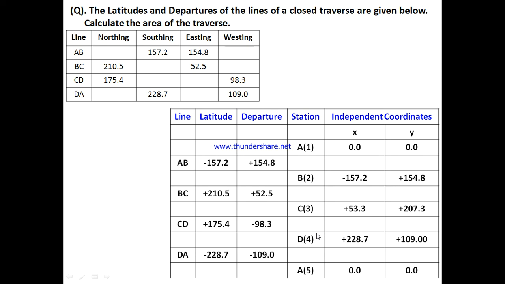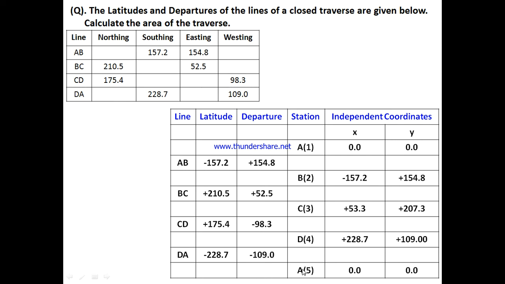Similarly, for the independent coordinates at station D, it will be equal to 175.4 plus 53.3, which will be equal to 228.7, and minus 98.3 plus 207.3 will be equal to plus 109.0.